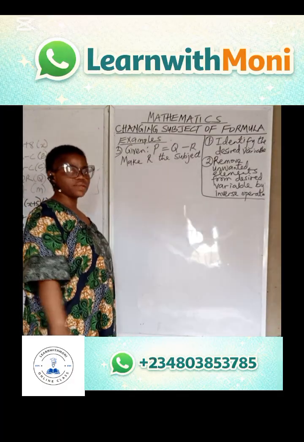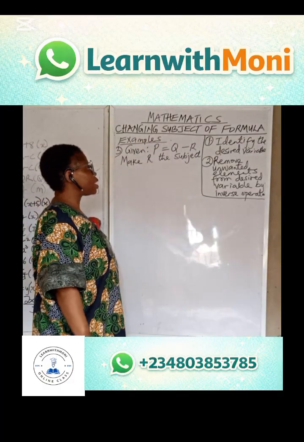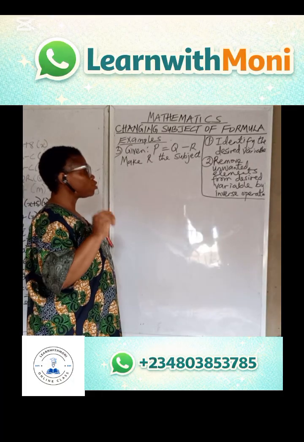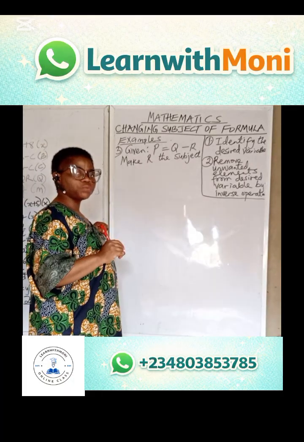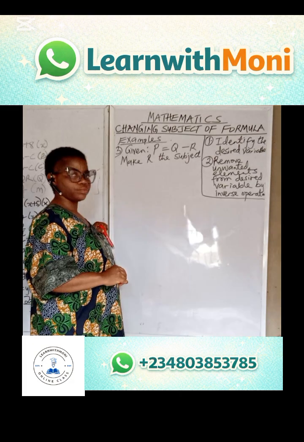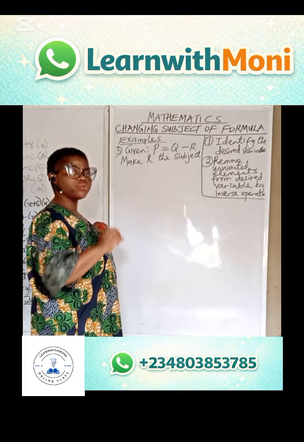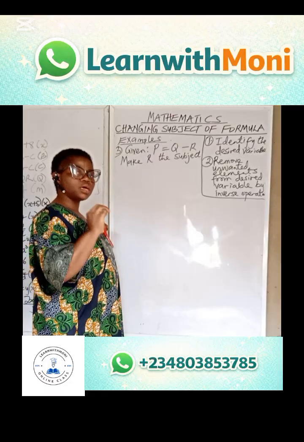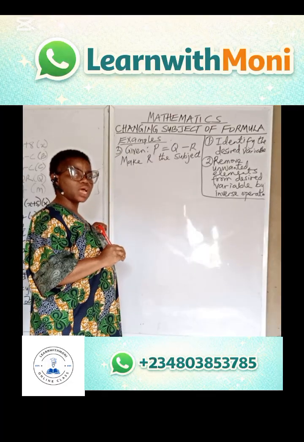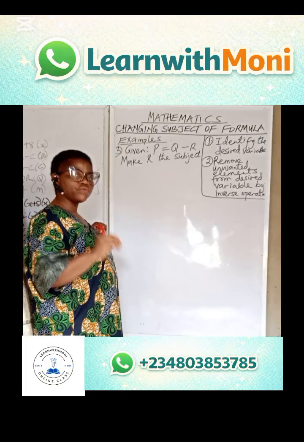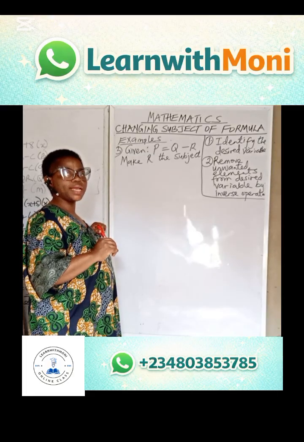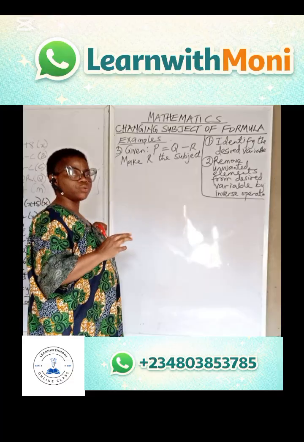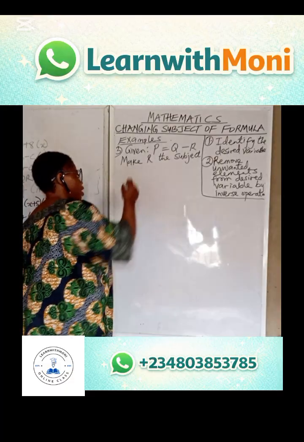This is another example. We are given that P equals to Q minus R, and we want to make R the subject of this formula. That means R is our desired variable and we want it to stand alone. For R to stand alone, we have to remove every other element that is attached on the same side to R. Let us see that.